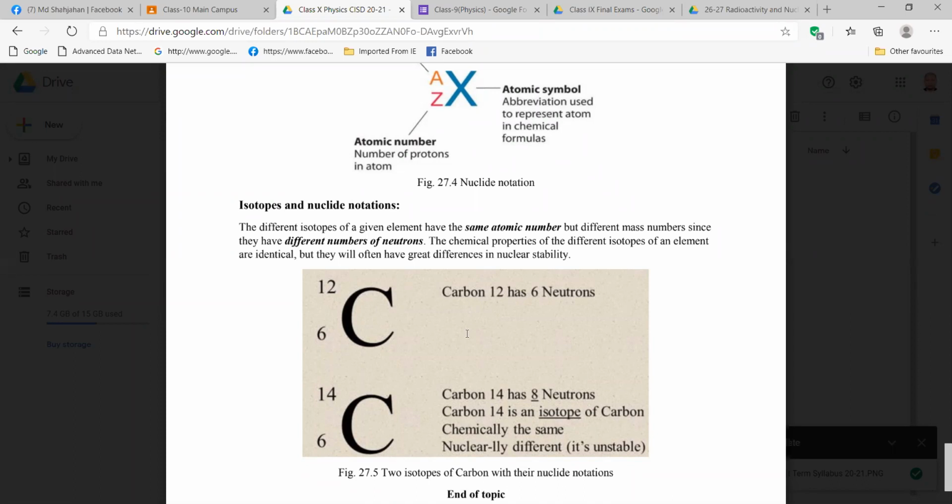From the outermost shells the electrons decrease or increase, or in some reactions two elements share the outermost shell electrons with each other.